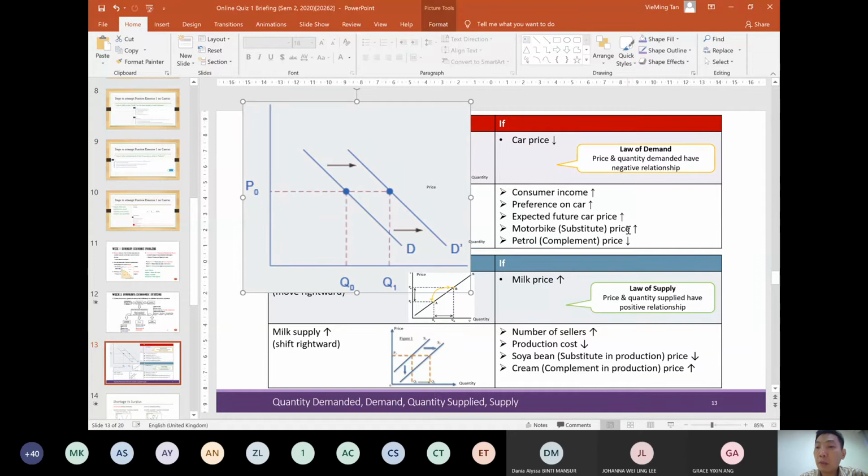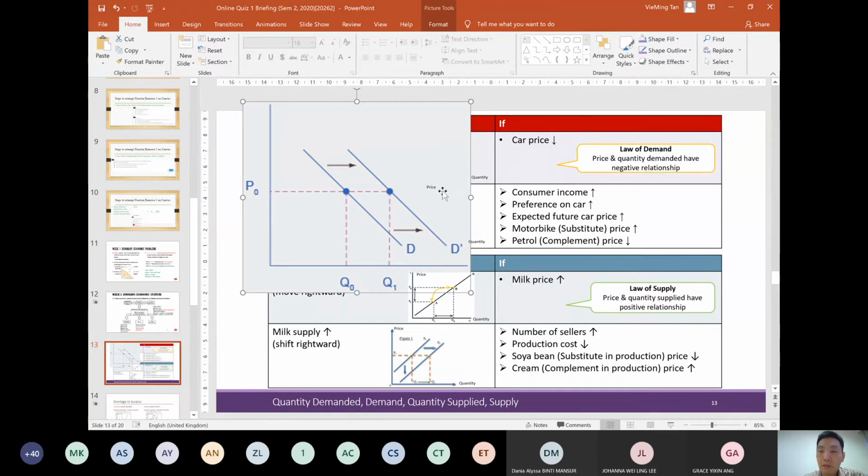Because now motorbike price is increasing, it's more expensive to maintain the motorbike now. Some of the consumer who used to consume motorbike will shift to consume car then. Some of them, not all. If that's the case, this also shift the demand curve for car to the right hand side, just like this diagram.